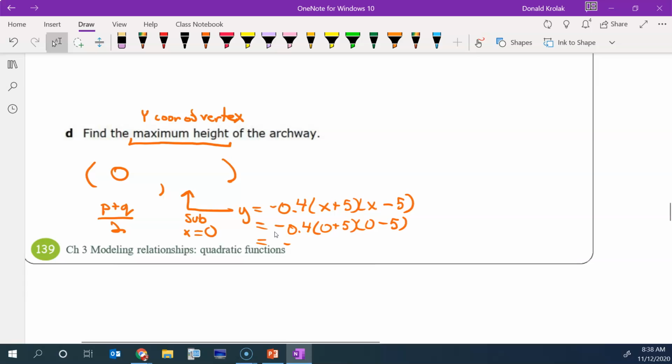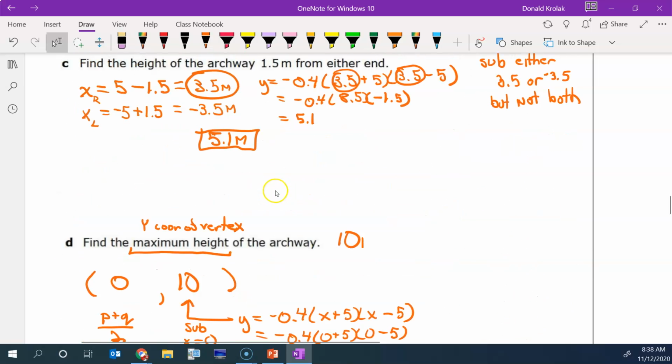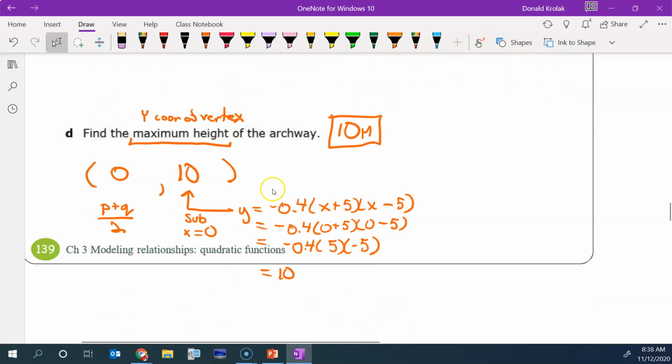Then you run that through your calculator, and that's going to be your maximum height. Negative 0.4 times 5 times negative 5 is 10. So our maximum height in this case is going to be 10 meters. So you don't write down the coordinates, you write down just the y coordinate.